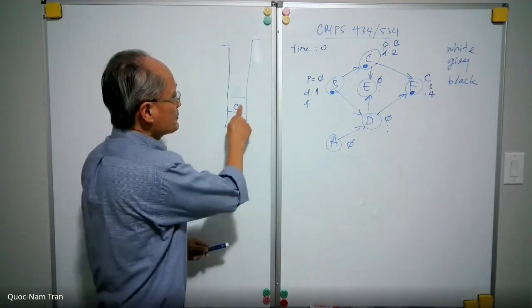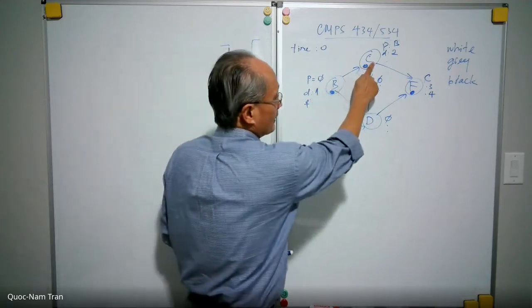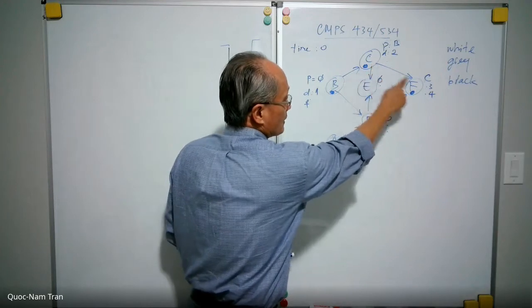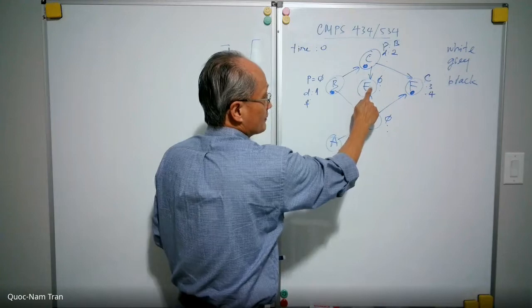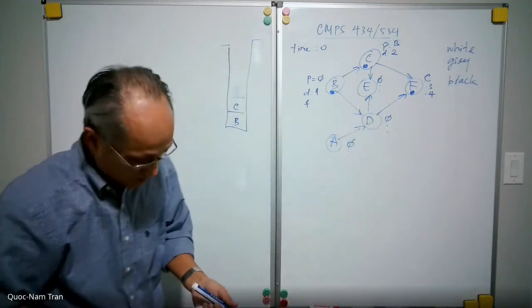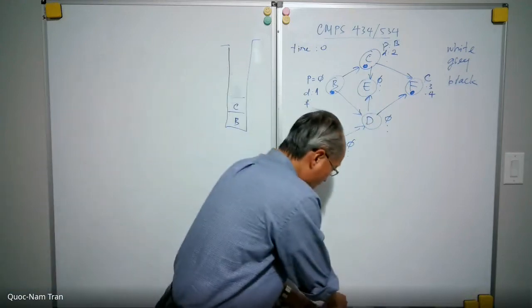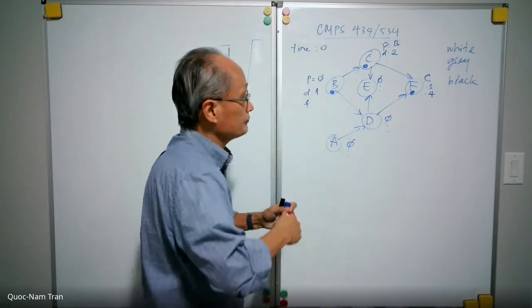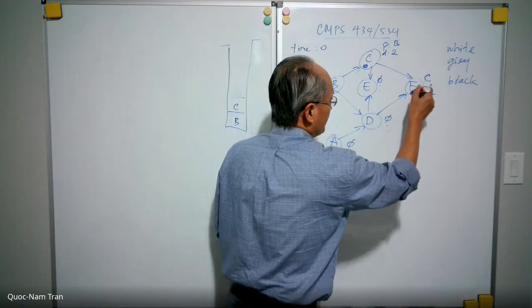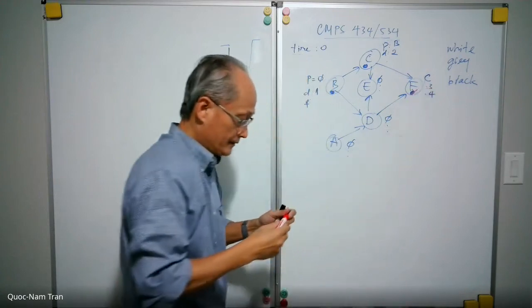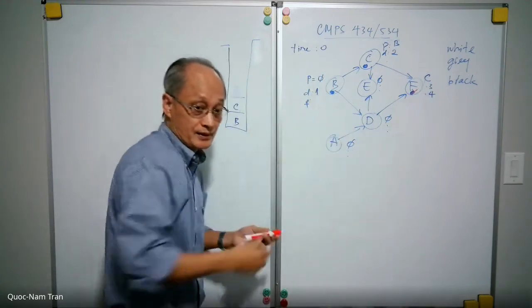Remember that we already used this adjacent node. And also we change the color of F to black. After we finish it, we change it to black, meaning that we completely finish considering the node.